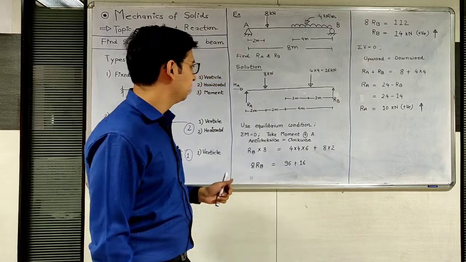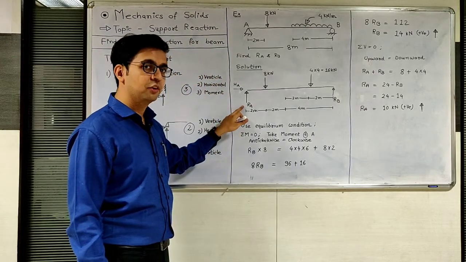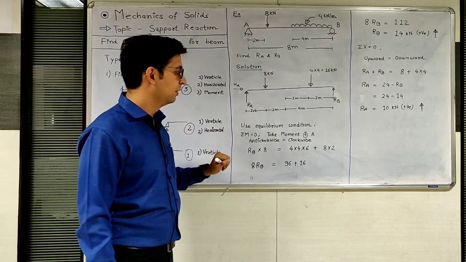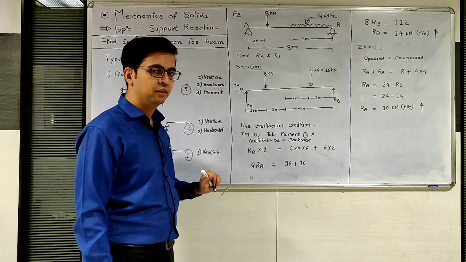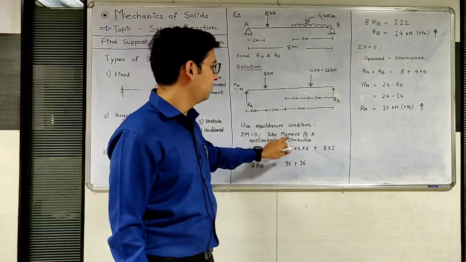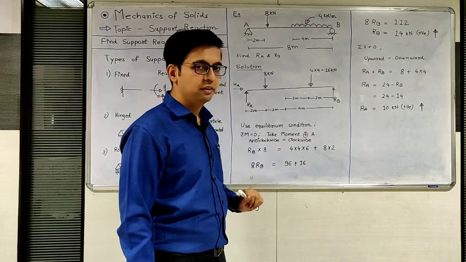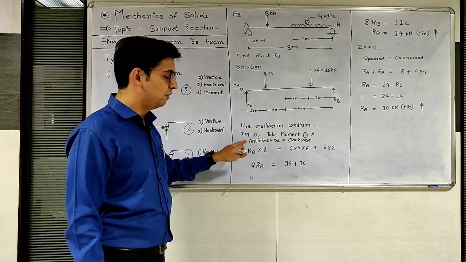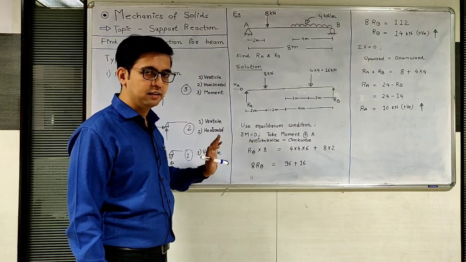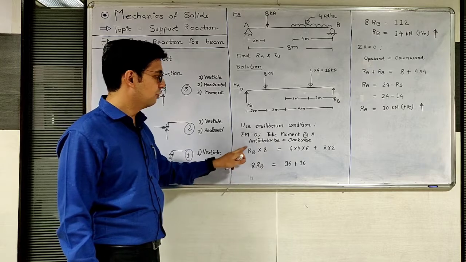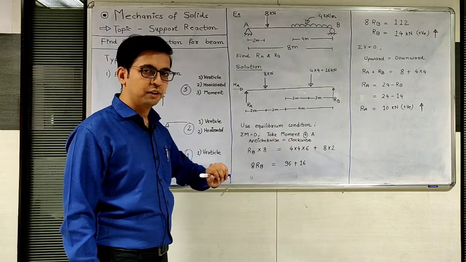So for calculation of reaction, use equilibrium condition. First of all, take sigma M equal to 0 and consider moment about left hand support A. Sigma M means algebraic sum of moment at that point is 0. So anticlockwise moment equal to clockwise moment.